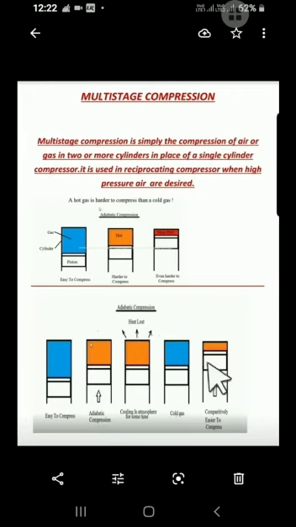That means if we compress cold air up to the desired pressure in a single stage, then more work is required. If we are using this type of arrangement, then less work is required. So this is the principle of the multi-stage compression process.